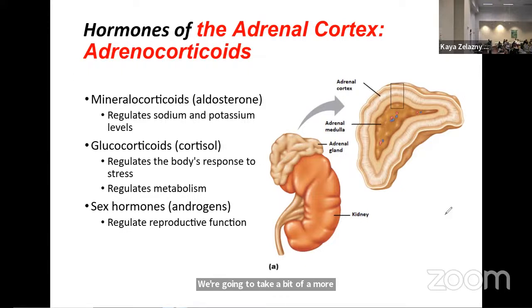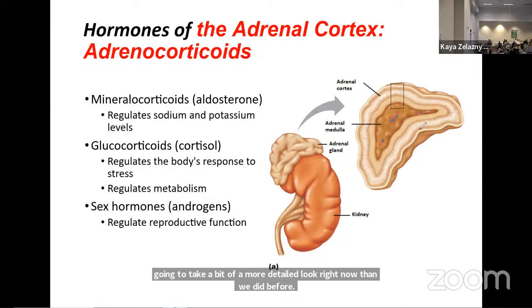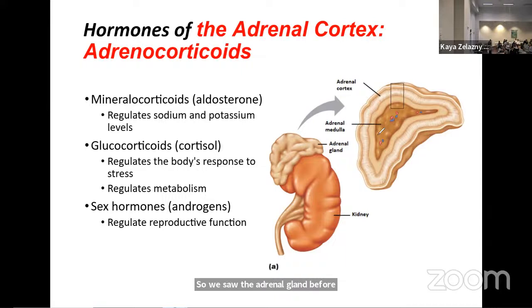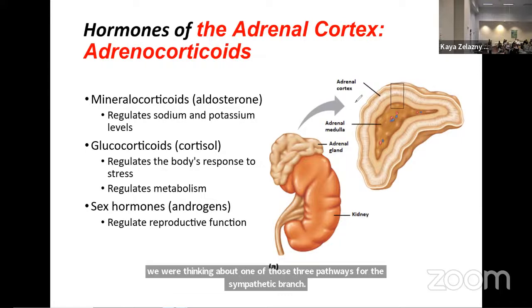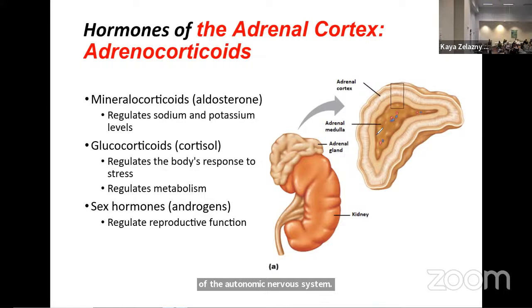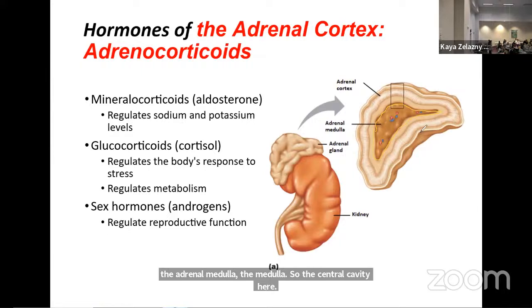So we saw the adrenal gland before when we were thinking about one of those 3 pathways for the sympathetic branch of the autonomic nervous system. Right, so we had the sympathetics going to chromaffin cells in the adrenal medulla, the medulla. So the central cavity here was where we had some of our sympathetic structures.